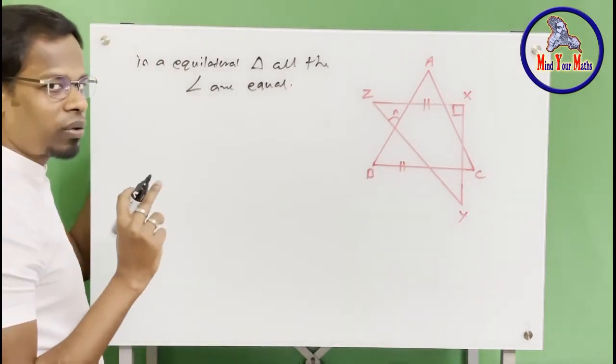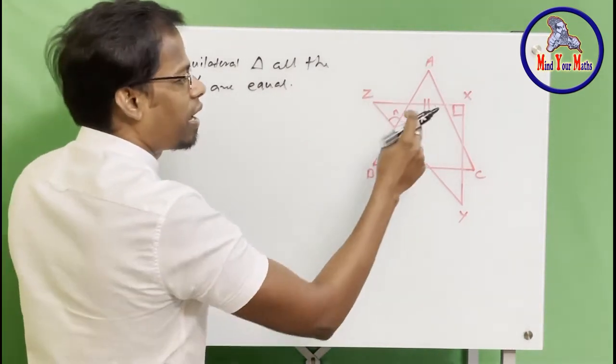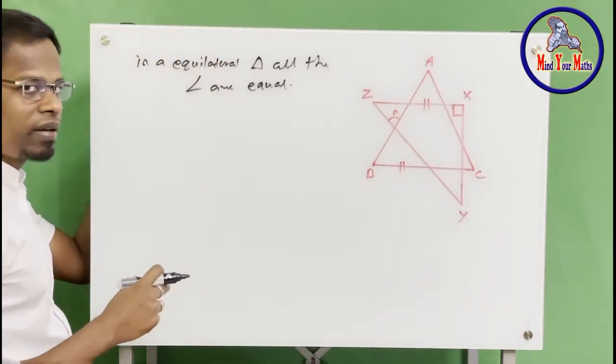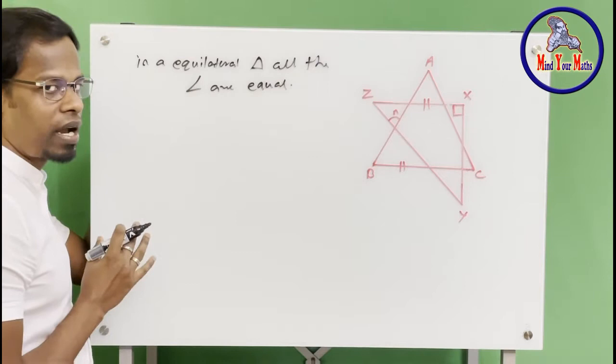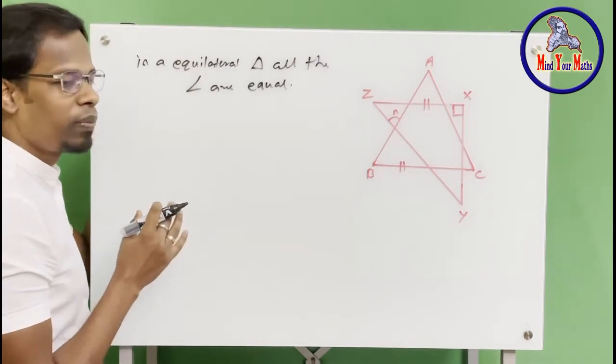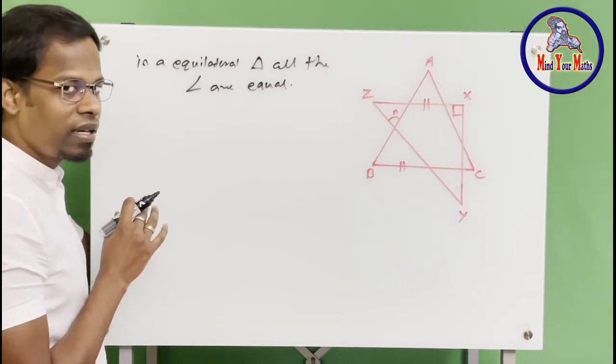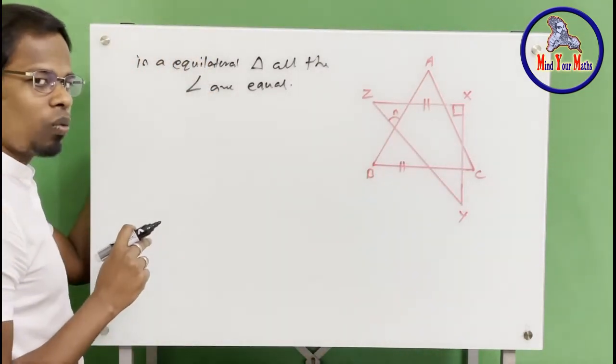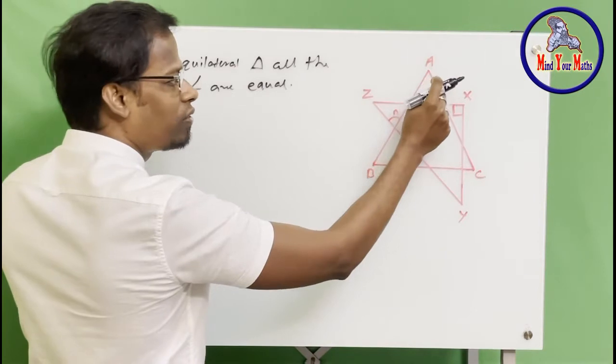But also the rule is that in any triangle, if you sum up all the three angles, it will be 180. So if these three are equal, what will the value be for each angle?